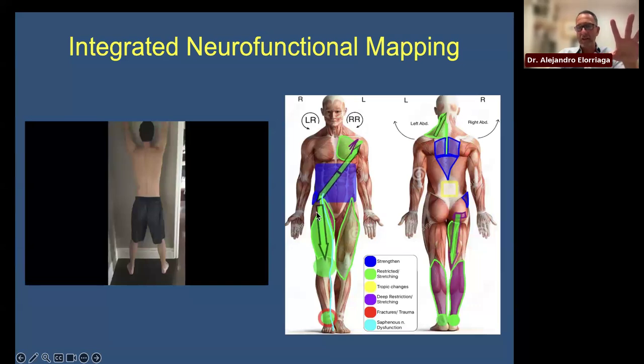kinetic chain. But you can keep going and identify, say, oh, due to this prolonged restriction, pronosupination, also the tibiofemoral rotation has been affected, and there is a tightness, a restriction here on the hamstrings, more the medial hamstring, more the lateral hamstring, both. So you can go and needle this and relax the muscle, and that will improve the mobility and the knee.